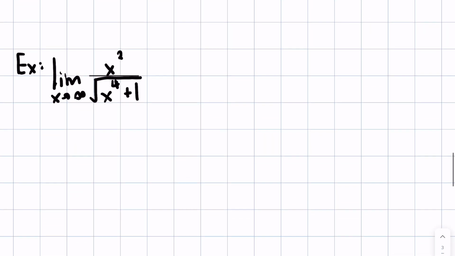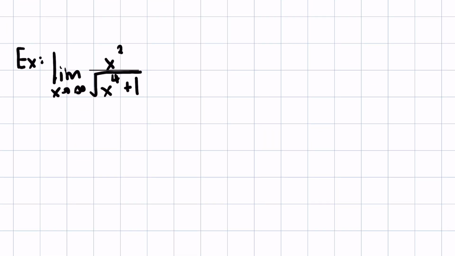Now, this problem is very similar, except here we have a square root of x to the 4th power. It's tempting to look at this and say our highest power in the rational function is x to the 4th power, but it's the square root of that, which is x squared. So x squared is still our highest power.